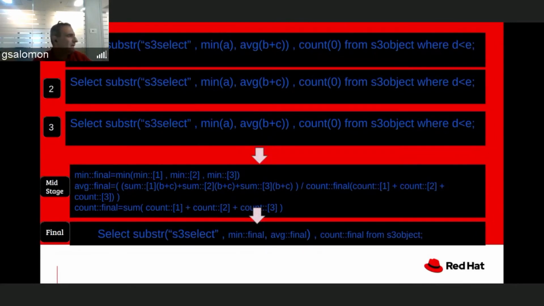This SQL statement is run in parallel on different ranges of the data. Upon completion, the mid stage waits for all of these parallel runs to complete, and what it does is a very unique recompute of the results, so they can be merged into a final result and sent back to the client.